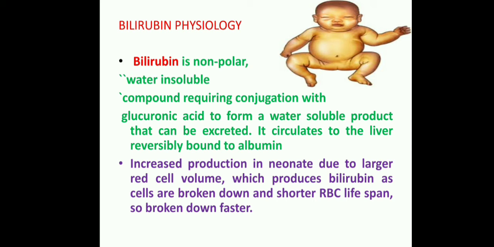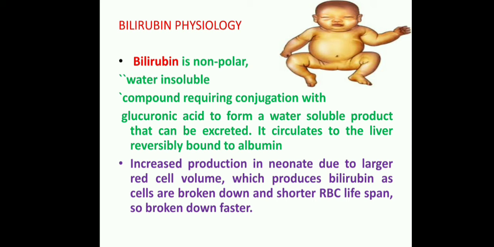Bilirubin needs conjugation with glucuronic acid to become soluble. There is increased production in neonates due to the large red cell volume, which produces bilirubin as cells break down, and the shortened RBC lifespan means cells are broken down faster.